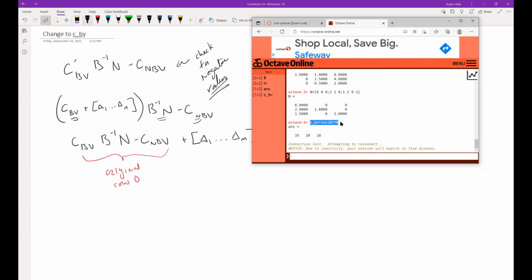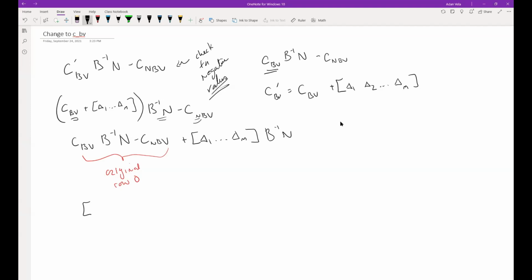That's just equal to 35, 10, 10. But now we want to subtract off the CNBV, which was equal to 30, 0, 0. So that whole quantity is the red portion.